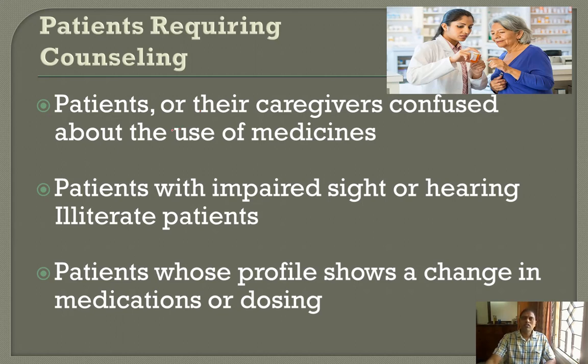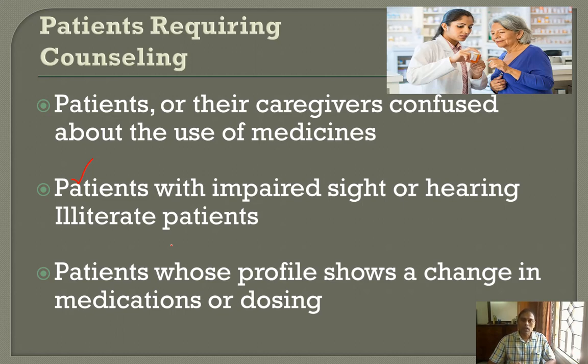Patients with impaired sight or hearing, patients who cannot see properly or cannot hear properly, such patients need counseling, because they might have gone to the doctor, and even the doctor, in the doctor's office or in the clinic, will be very busy. He mainly focuses on the patient's disease, lab report, and if any x-rays are done, he'll be busy looking at that.